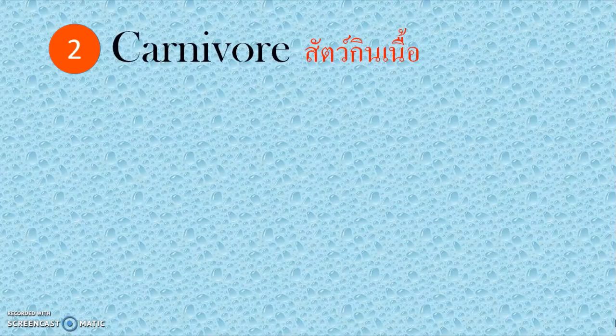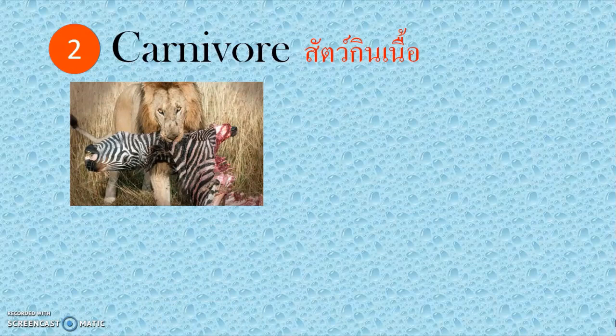So number two, carnivore. So what is an example of, or what kind of animals is a carnivore? Yes. Do you know what this is? A lion. Yes.